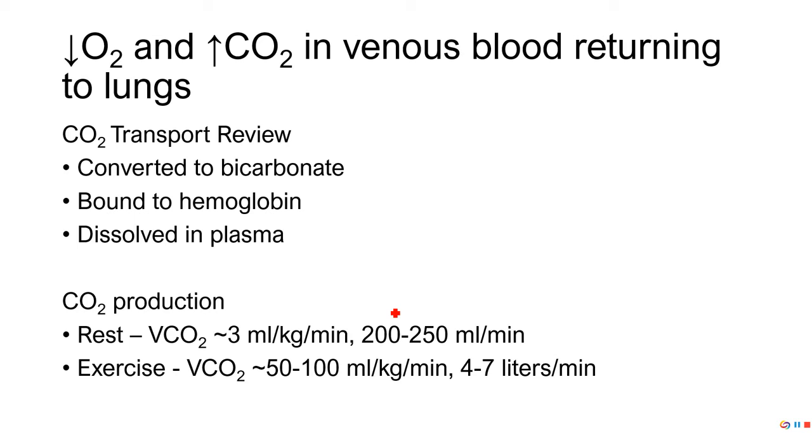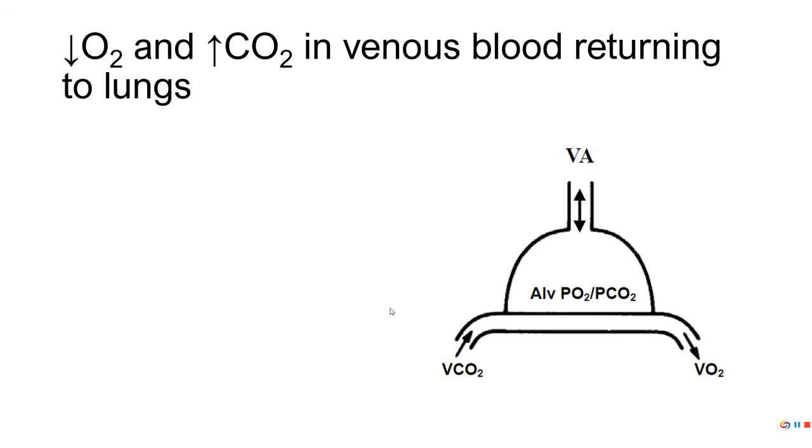So now instead of producing a quarter of a liter, which is what 250 mils is, we might be producing 5, 6, 7 liters of CO2 per minute. So 7 liters, that's like 3.5 of the 2-liter bottles that soda comes in. That's quite a bit. And so we need to protect these gases, oxygen and CO2.